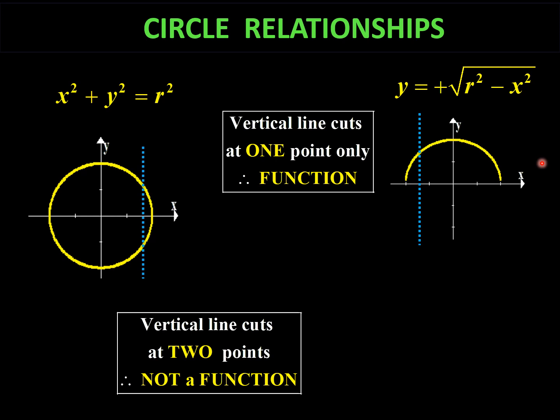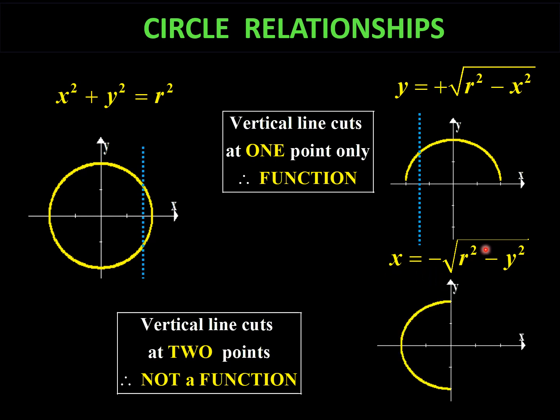But instead of taking the top or the bottom, let's take this version here, x equal to negative the square root. And this is the left side of the circle, right? And here the x values are negative. Let's apply the vertical line. And you see in the case of the vertical line there, that shows it cuts more than once.